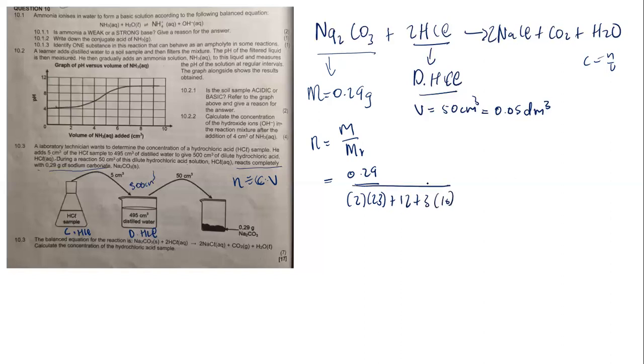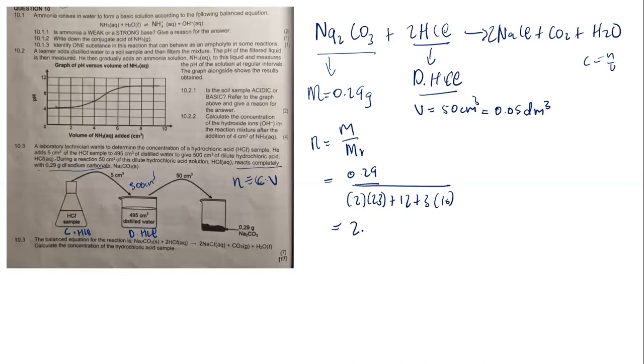So on our calculator, we're going to say 0.29 divided by 2 multiplied by 23 plus 12 plus 3 multiplied by 16. Then when I punch this on my calculator, this is what I get.